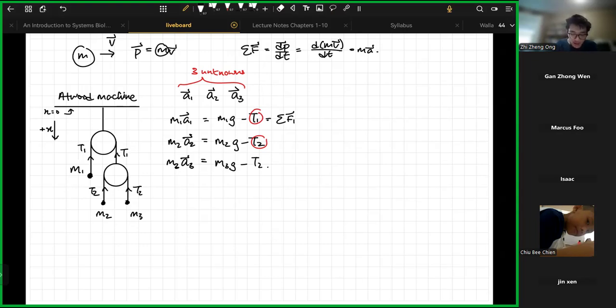Anyways, there's two things that we could need. One thing is on this pulley.